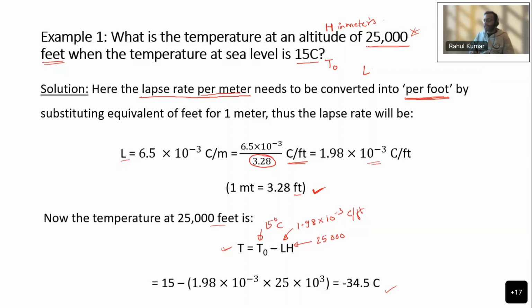Another way of solving this is to convert 25,000 feet into meters and then use the value 6.5. You can calculate it in that way also. It should give you the same result.